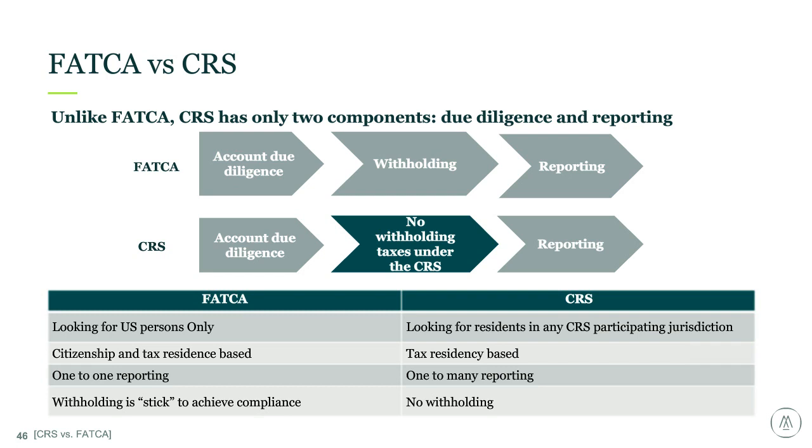It's citizen, not tax-based. It's one-to-one. You're just reporting to the IRS. CRS is like opening Pandora's box. It's looking for residents in any single participating jurisdiction, which there's over 100 of them. It is tax residency based, and it's one-to-many, meaning you can have one account holder in Switzerland, but they'd be reporting him throughout the world. So it's very much different.